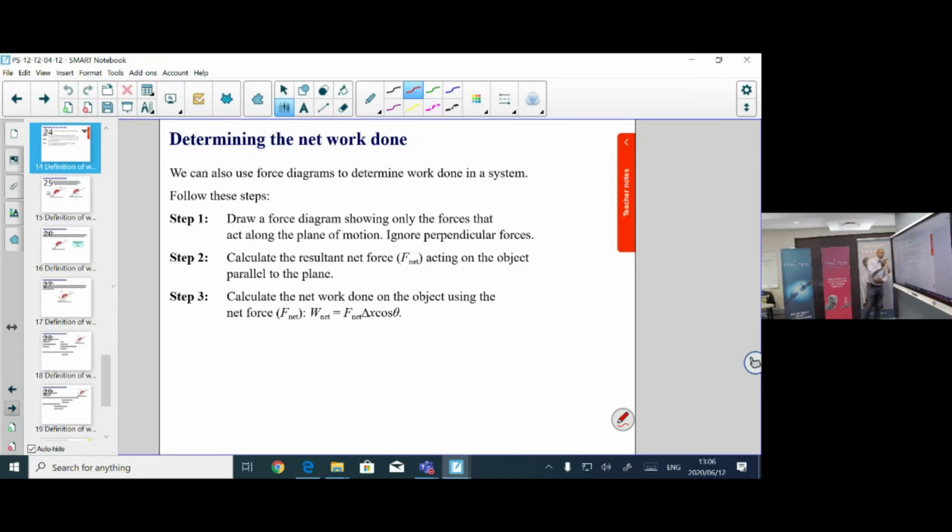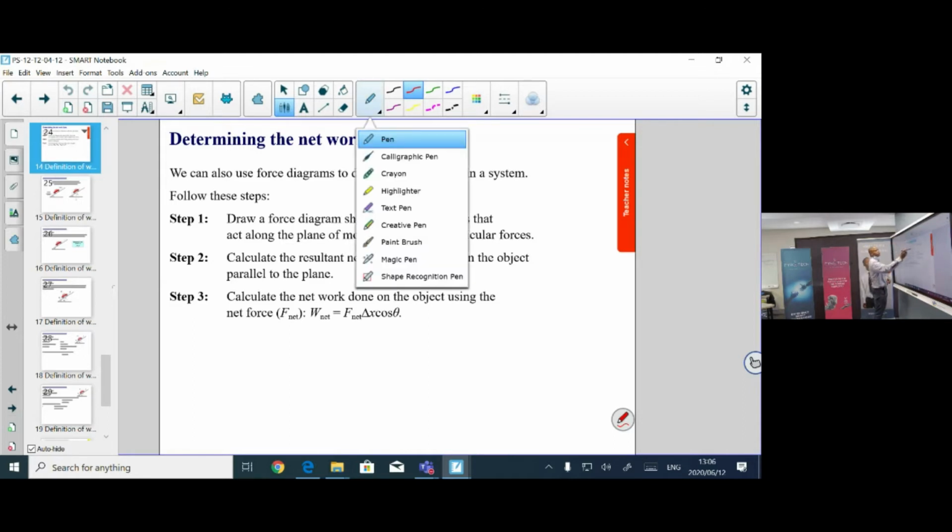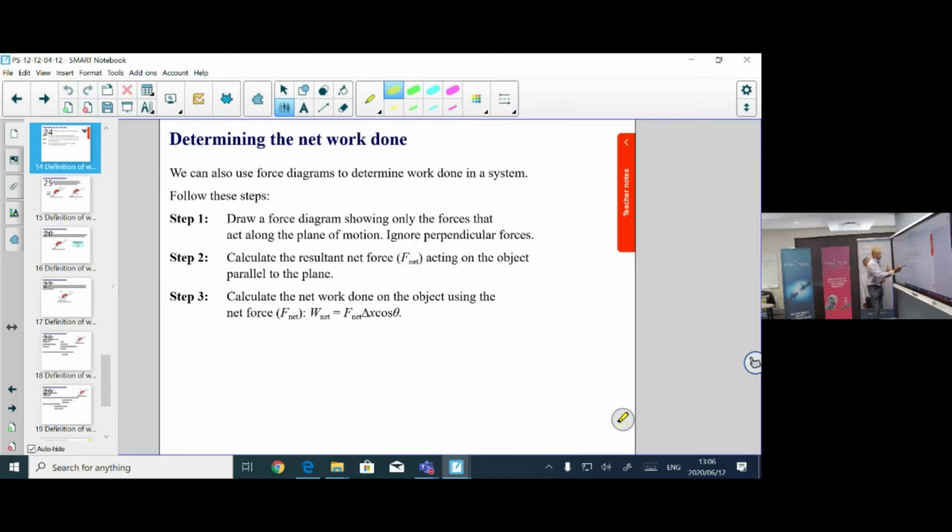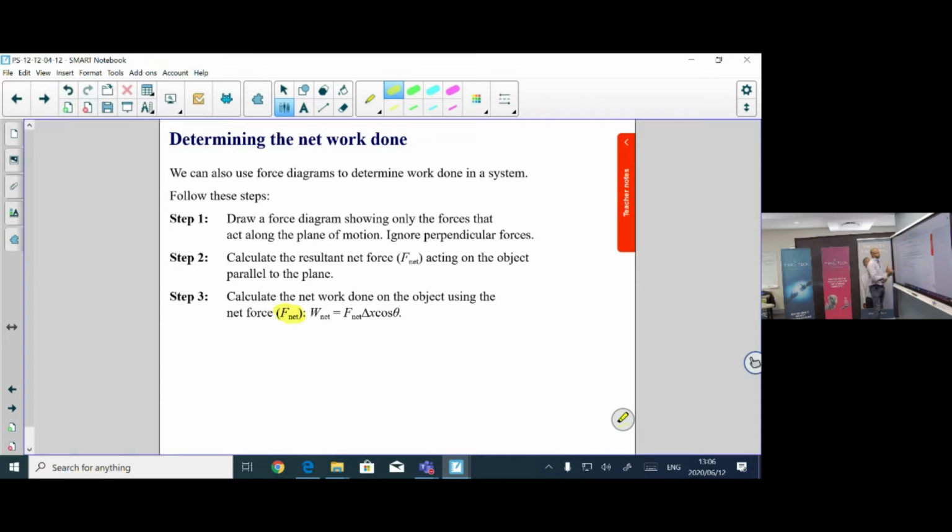Because of this, for the net work done you use W sub net, which equals F sub net, change in x, cos theta. This theta is the angle that we use when we do calculations. It's very, very important as well.